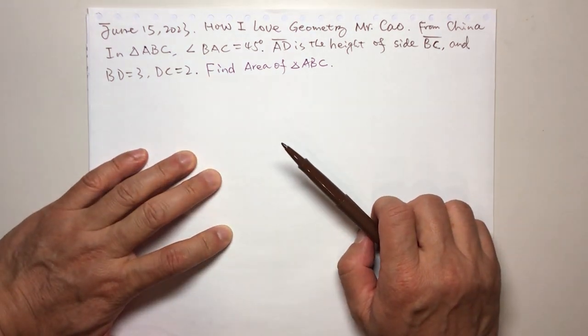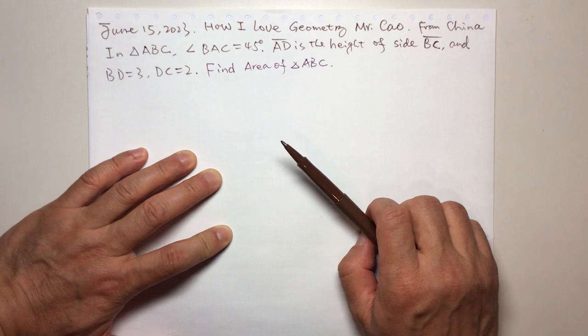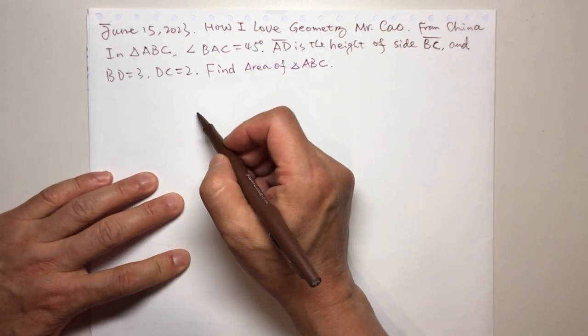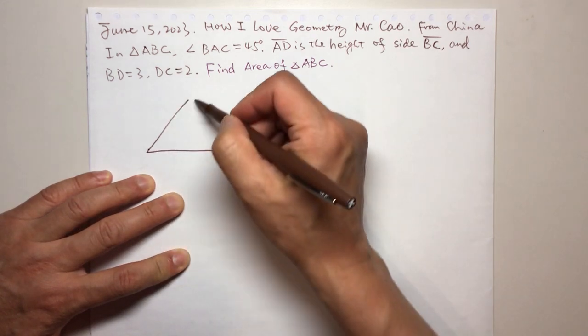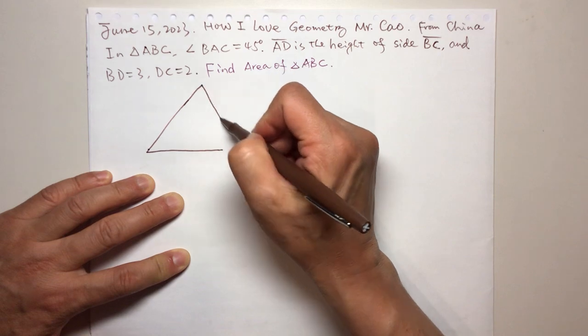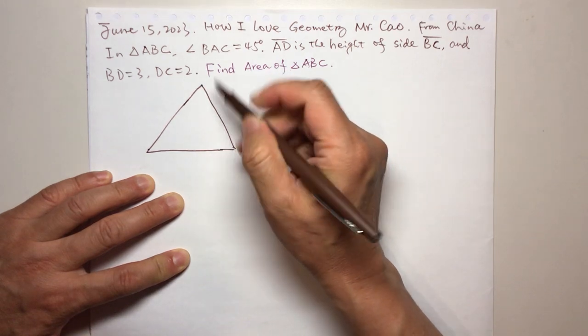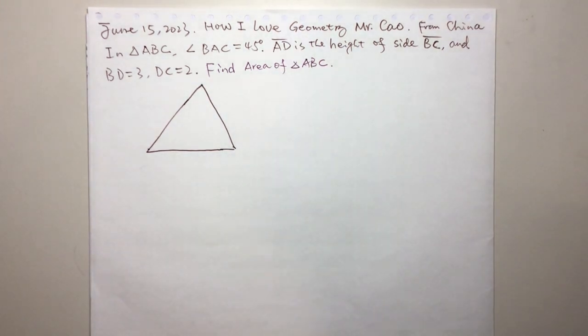Diagram. In triangle ABC, angle BAC equals 45 degrees. So we can get 45 degrees, right?